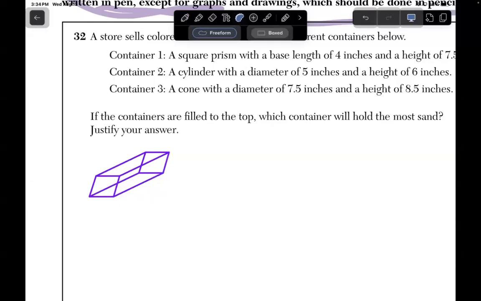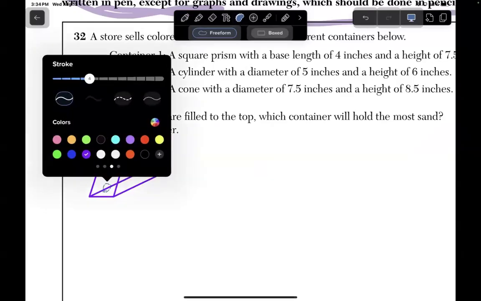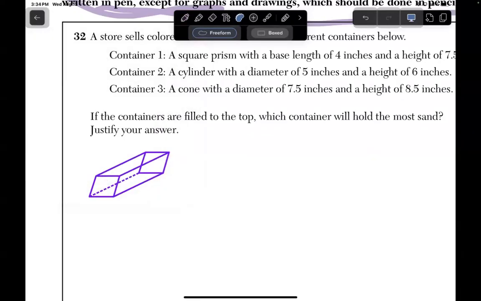Let me make this one dotted. Okay, so it's a square prism. Each of these side lengths of the base is 4. And then the height of this thing is 7.5. So this is container 1.